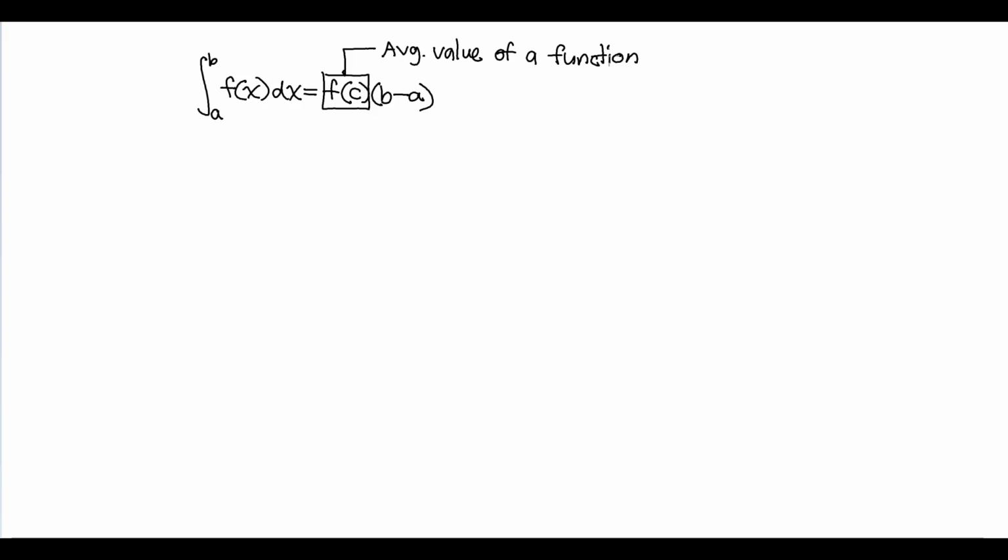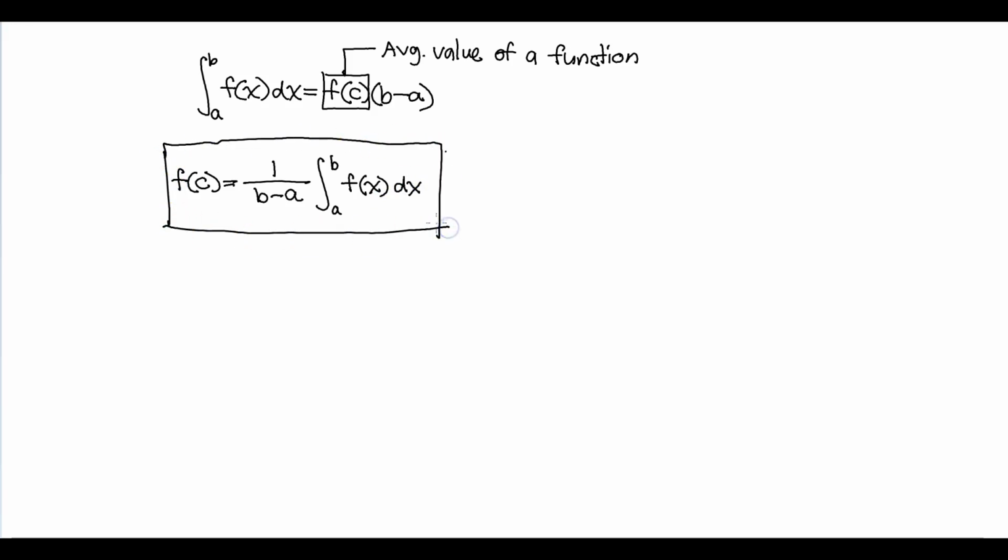If we were to solve for f of c, your average value, you would get f of c equals 1 over b minus a times the definite integral from a to b of f of x dx. This is how you find the average value of a function.